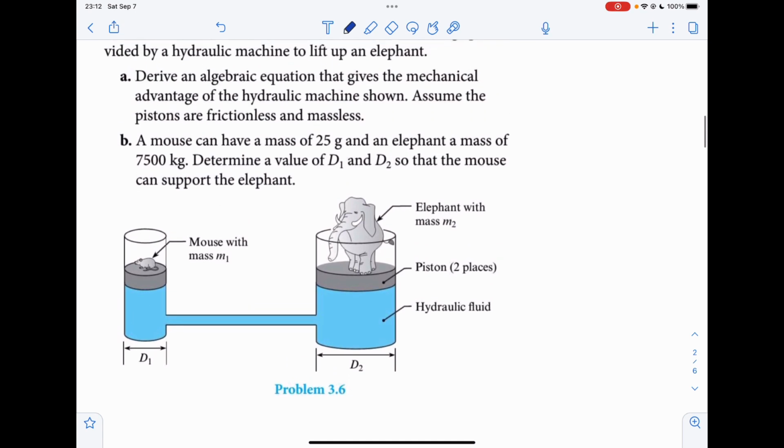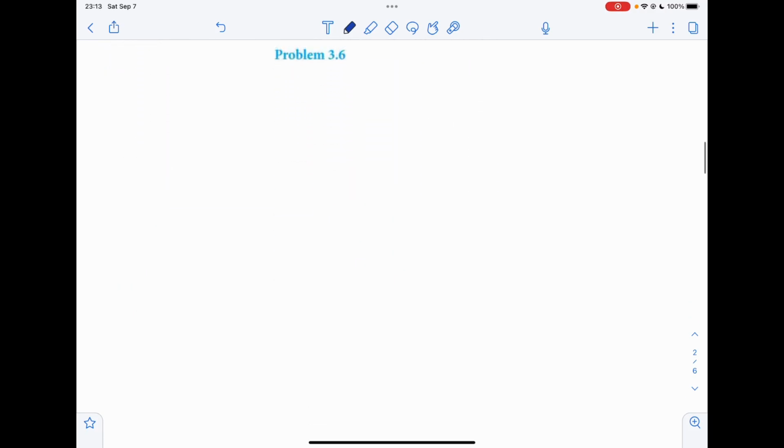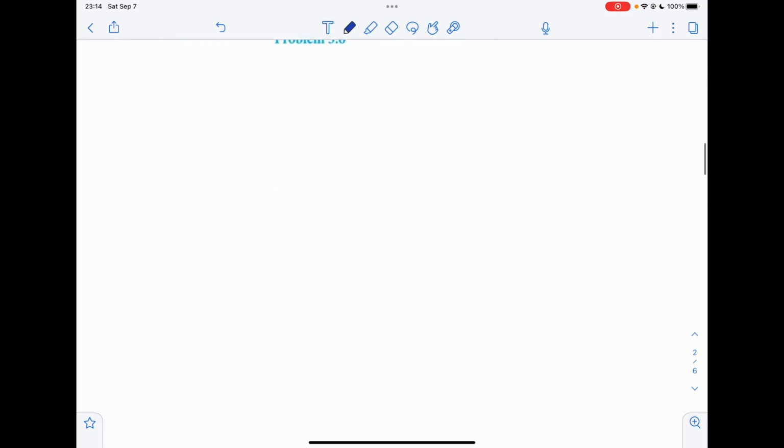Here we have the assumption that the pistons are frictionless and also massless. So we only need to consider the pressure: P1 equals P2.